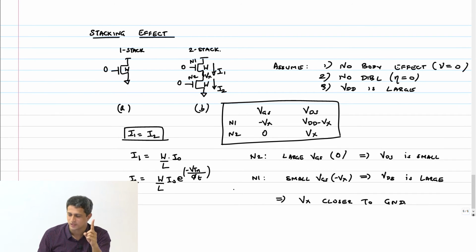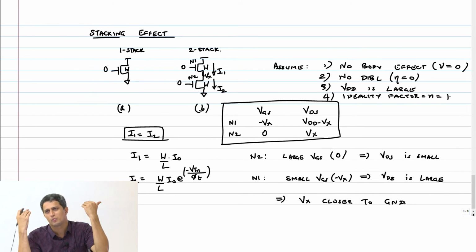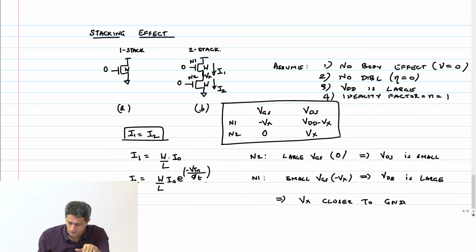I am going to make one more assumption, ideality factor n is 1. Let's assume that you are able to manufacture the device so well that the subthreshold slope is really minimum, no issue. Into 1 minus e power minus Vx by phi t, correct?